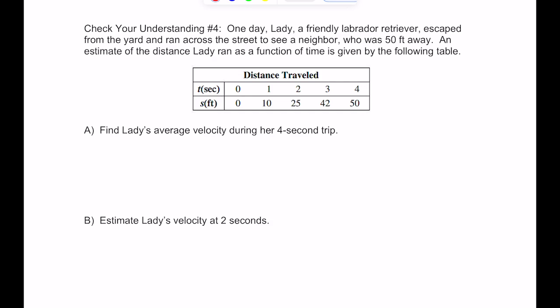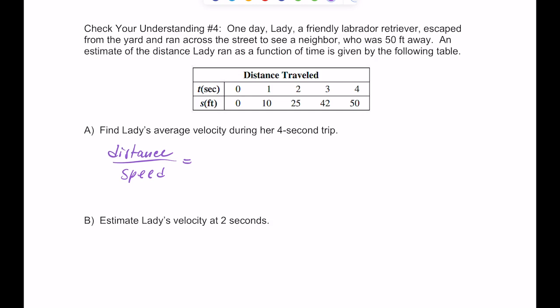Okay, so we need to know 2 things here, right? We need to know the distance traveled for 4 seconds, and we can see that that's 50. And we need to know the speed at that time, which was 4 seconds. So if I want to find the average velocity, that's just going to be the distance divided by the speed.